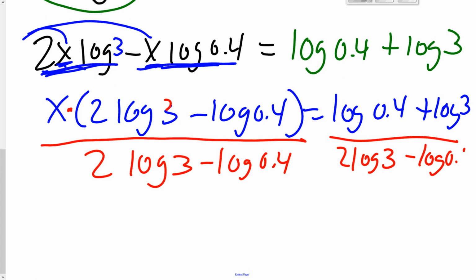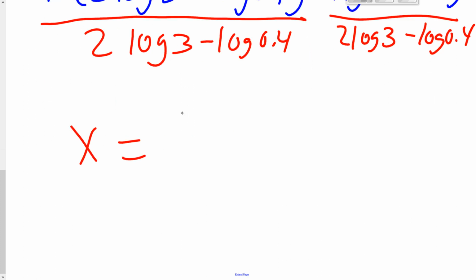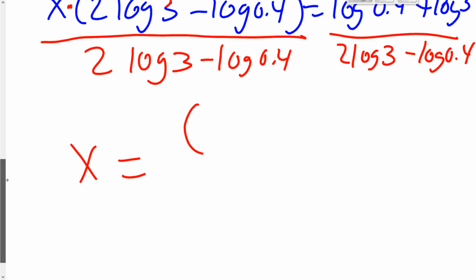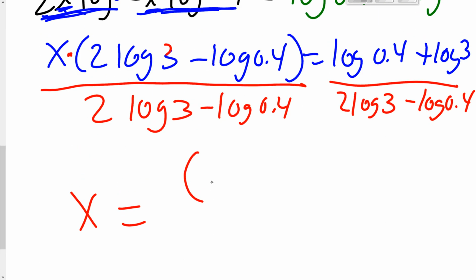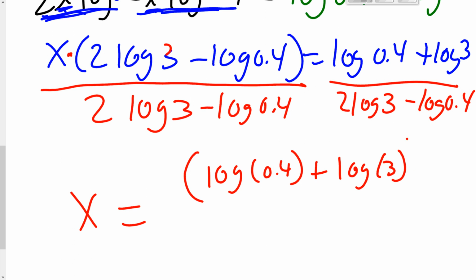Now here's when you put this in your calculator, you have to make sure you put parentheses around your numerator, and parentheses around what you're taking the log of, right? So I have to close that one, close this one, and then close my numerator.